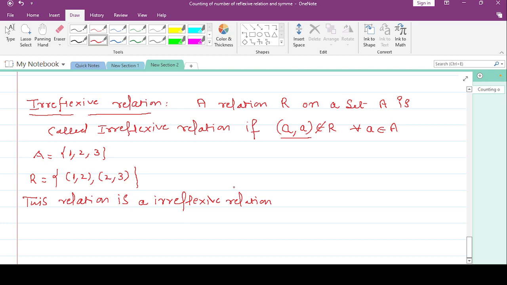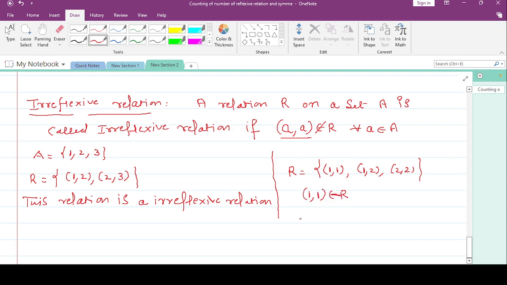Now see one more example. Suppose you take this relation: (1, 1), (1, 2), and (2, 2). You see that (1, 1) is a member of the relation.